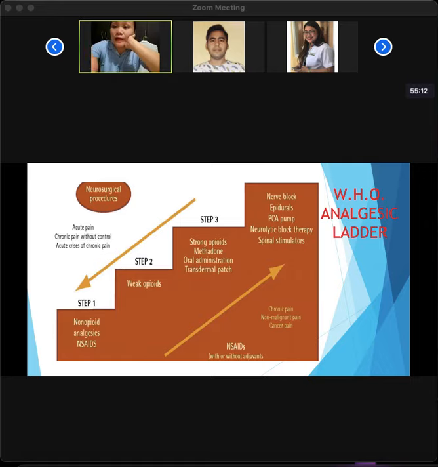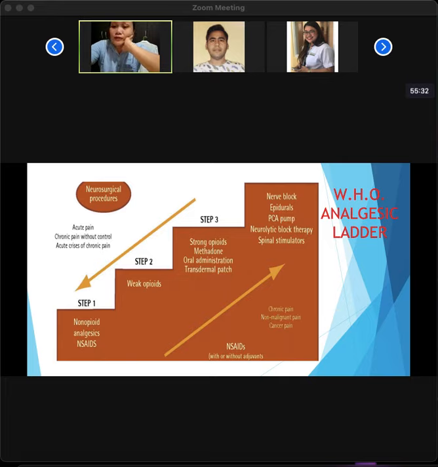And if the patient is still not responding, then you can opt to insert epidurals. But the drug that you're going to use is still opioids.